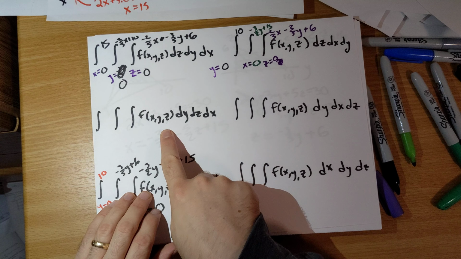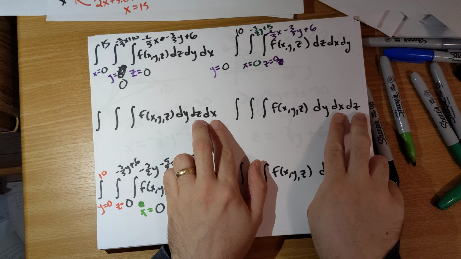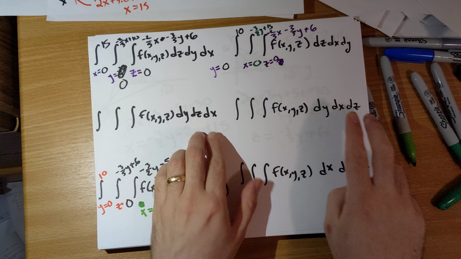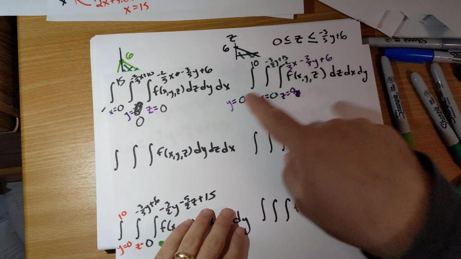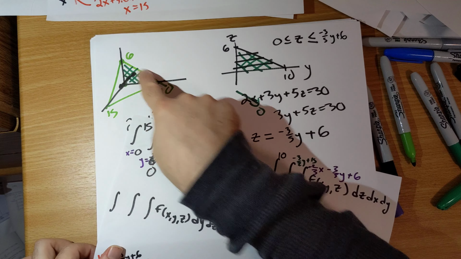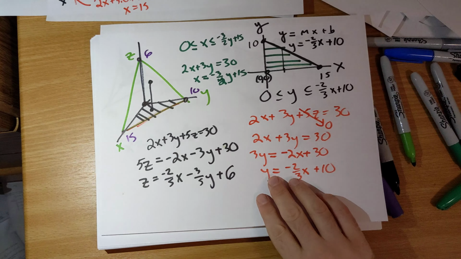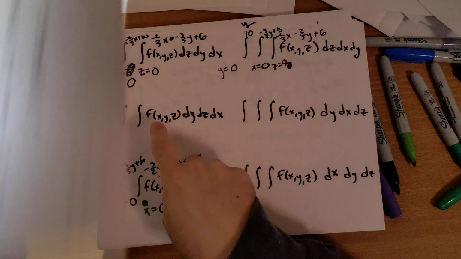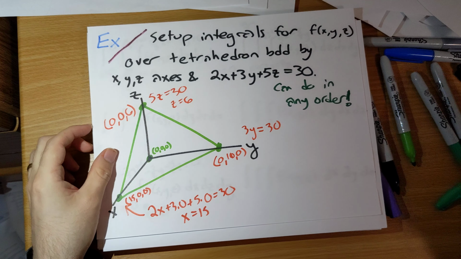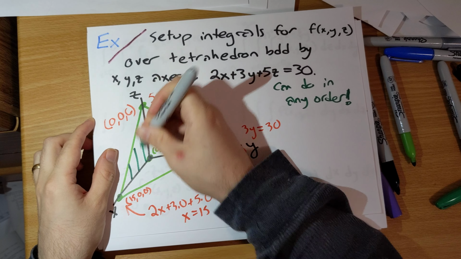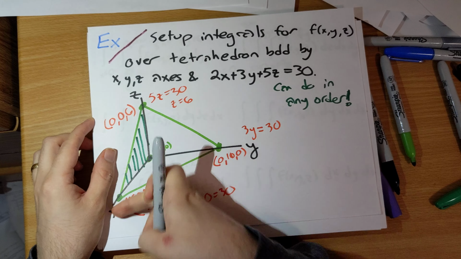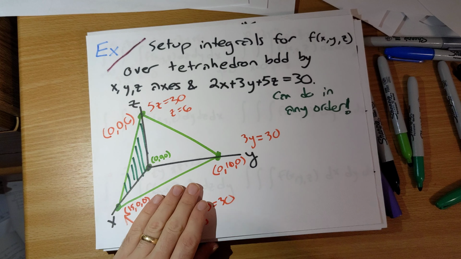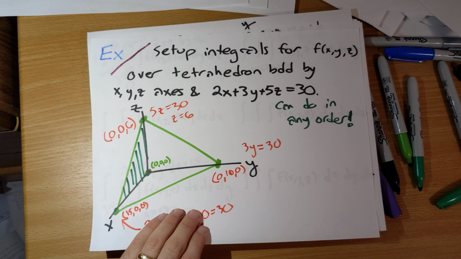For these two, the last two variables here are z and x in some order. So for those, note that we project here into the yz plane, we project here into the xy plane, and so for these two, we would be projecting into the xz plane. And it goes through in much the same way.